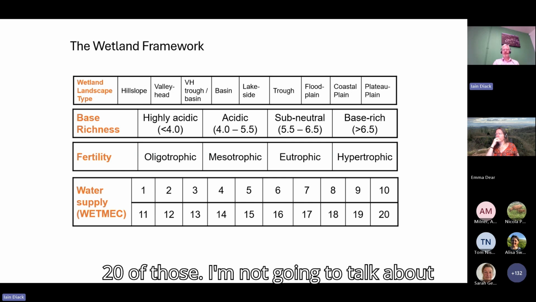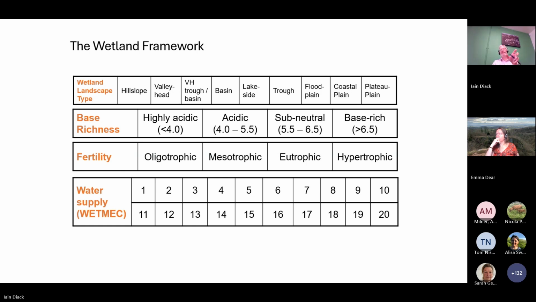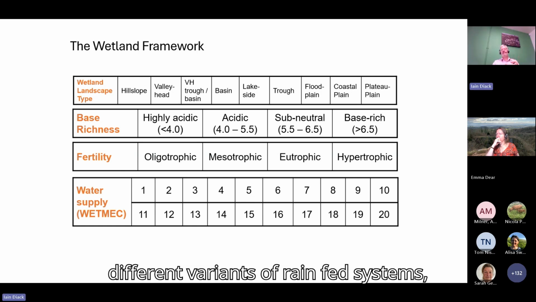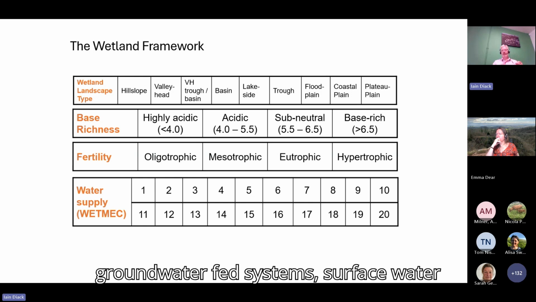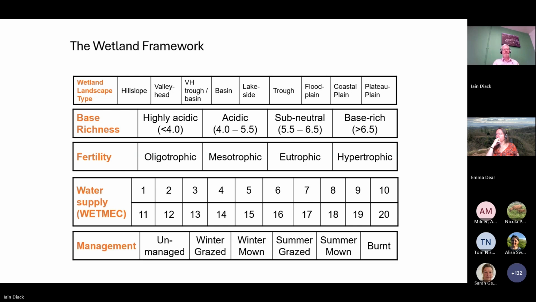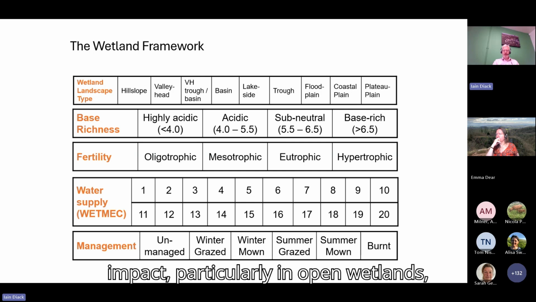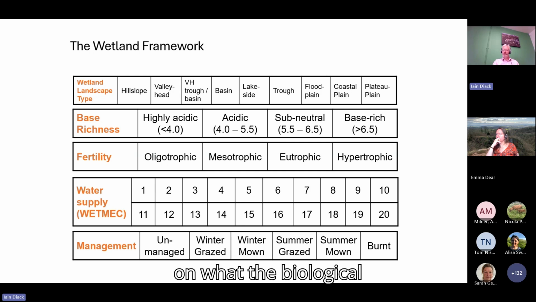I'm not going to talk about that detail, but essentially they are different variants of rain-fed systems, groundwater-fed systems, surface water-fed systems, and different features within those. And obviously management has a major impact, particularly in open wetlands, on what the biological manifestation of all of these abiotic factors is.